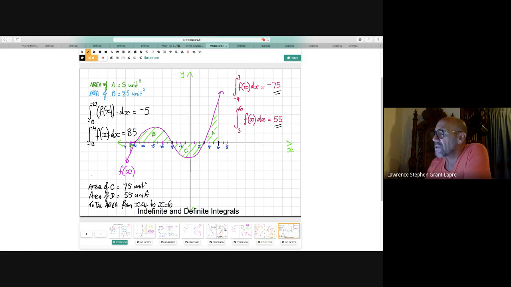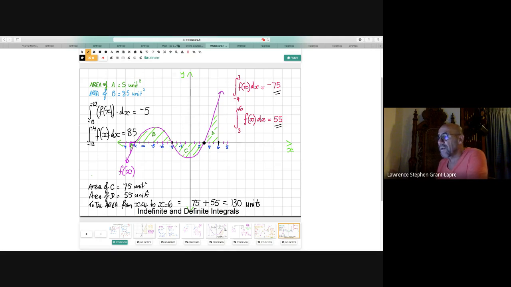Notice it crosses between -4 and 6 at 3. So what will the total area be? Well, it's the area of C, which is 75, plus the area of D, which is 55. So the total area will be 130 square units.